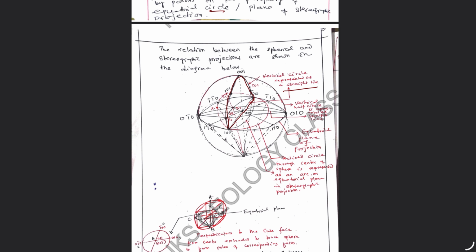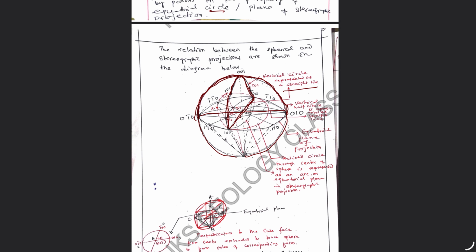The faces occurring in this zone are transferred to this line, and this circle is the locus of all faces which are vertical. This is a vertical half circle. So this vertical half circle is represented by a straight line.